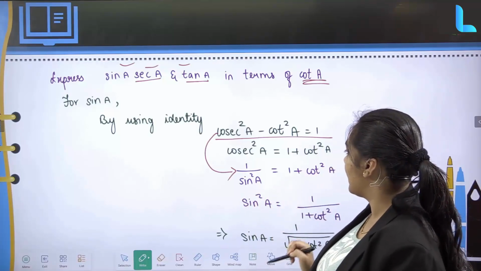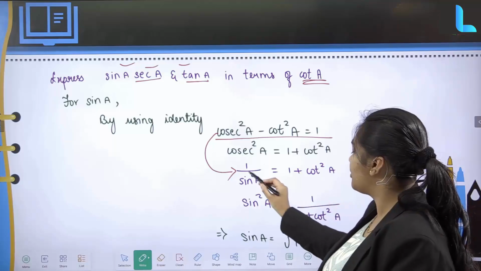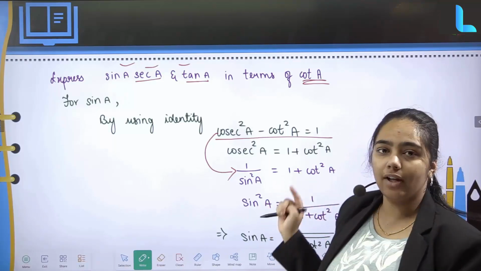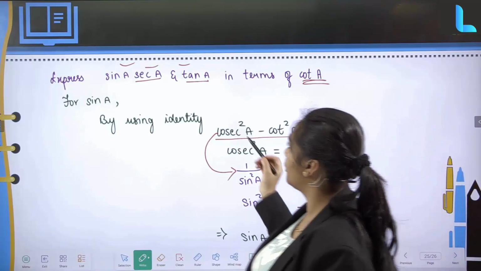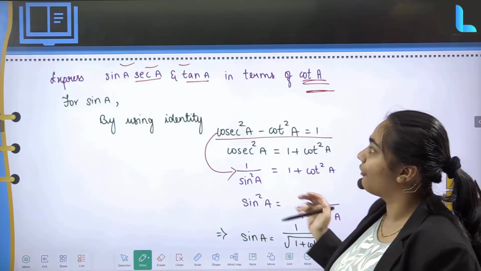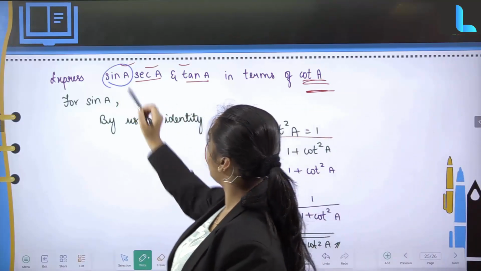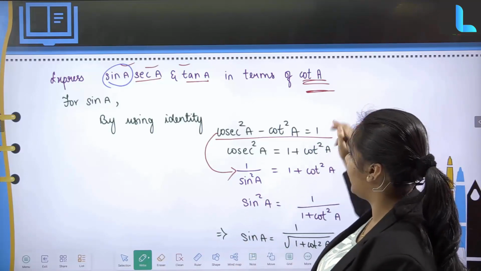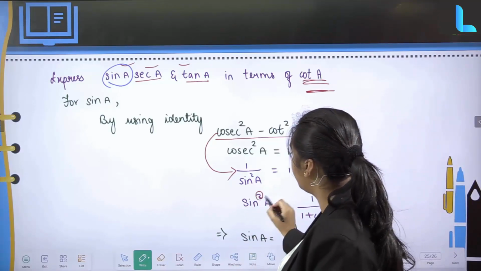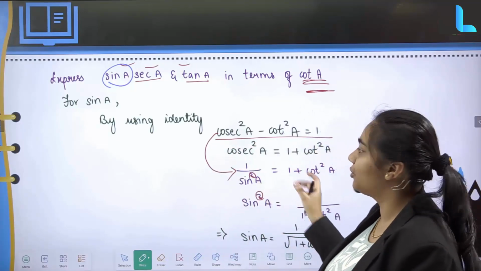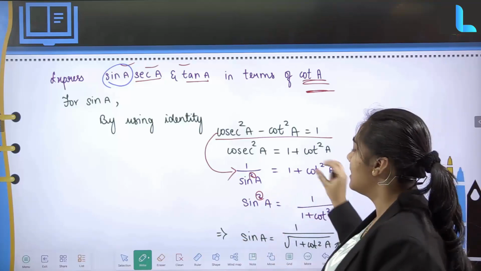So 1 divided by sine square A is equal to, shifting everything towards my right hand side, 1 plus cot square A. Right, they had asked you to find just in terms of cot A. So whatever sine A is, you have to find it out in terms of cot A. Throughout the question I've got it in terms of square, because the identity which I have used is in terms of A square.